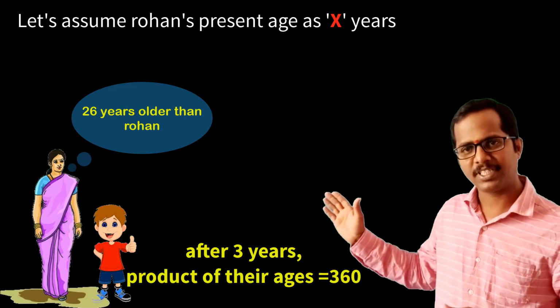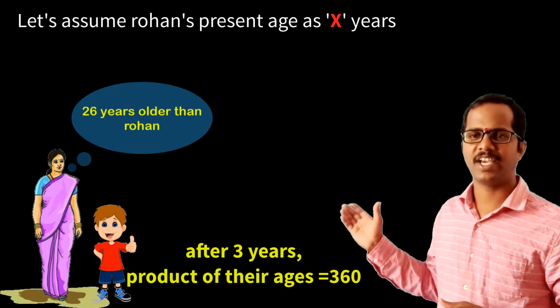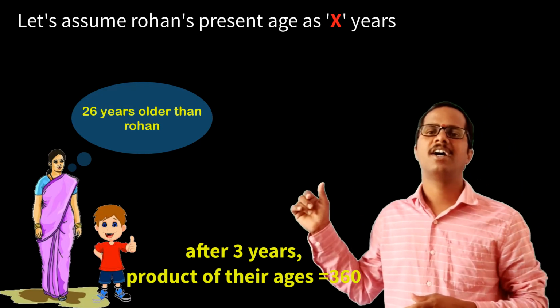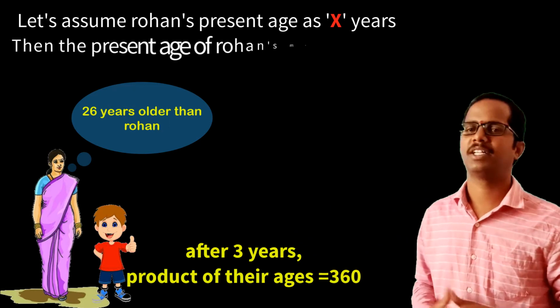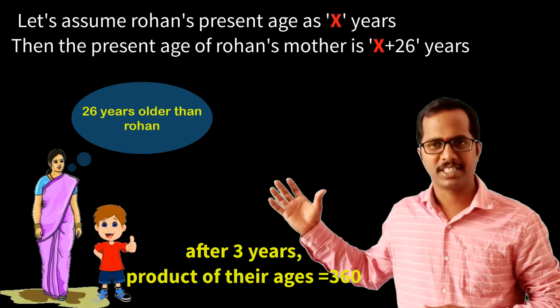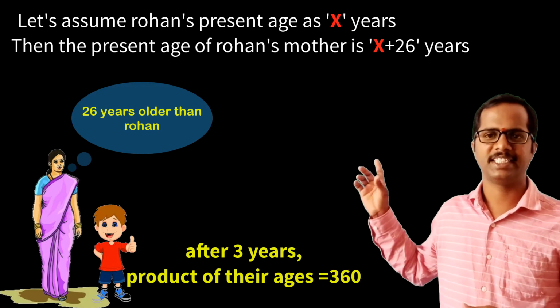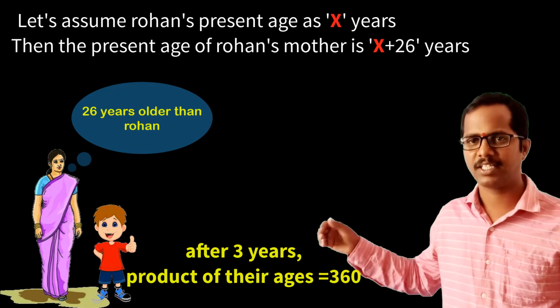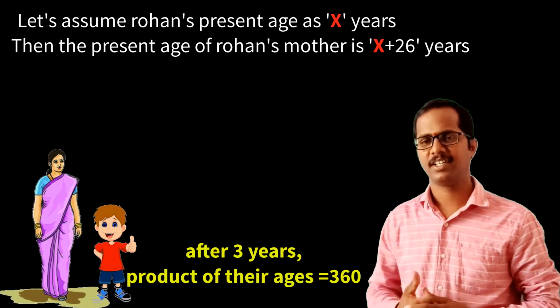What is Rohan's present age? x. For this x, if we add 26, we get x plus 26, which is the present age of Rohan's mother. So now we have the present age of Rohan, that is x years, and the present age of his mother, that is x plus 26.